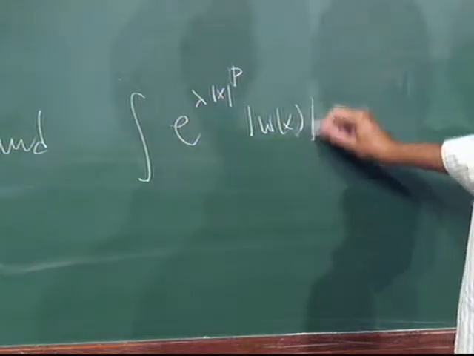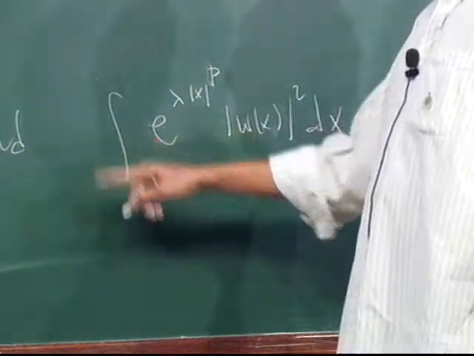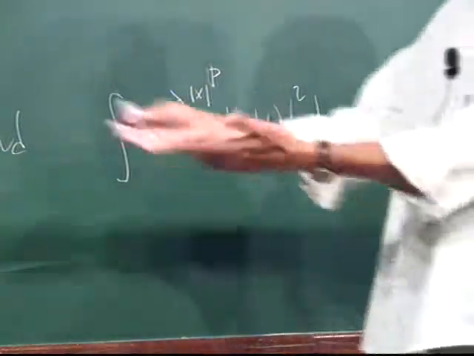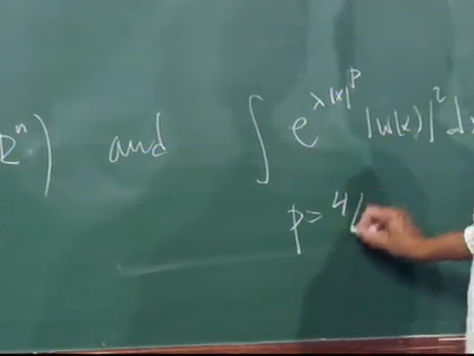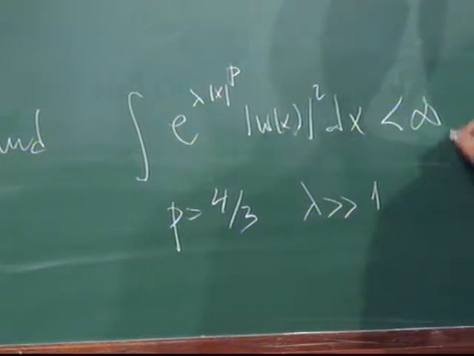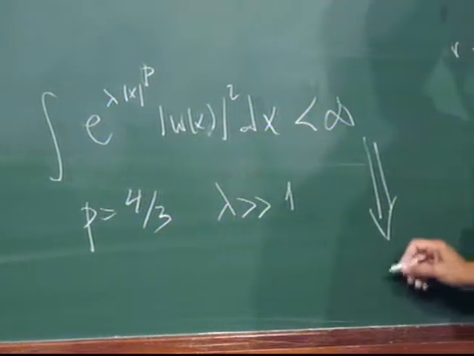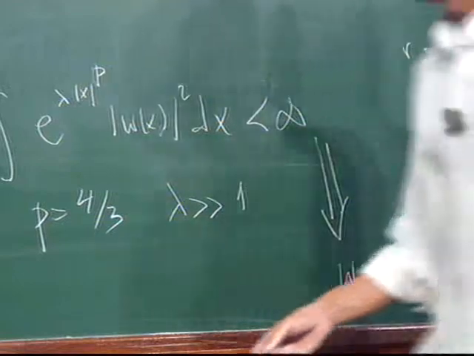When you put absolute value, there is no x there. You don't have to put supremum in time because there is no time there when you put absolute value. If this is this for p equal to 4/3, for lambda very large, that implies that W is 0. And this is Meshkov's result.